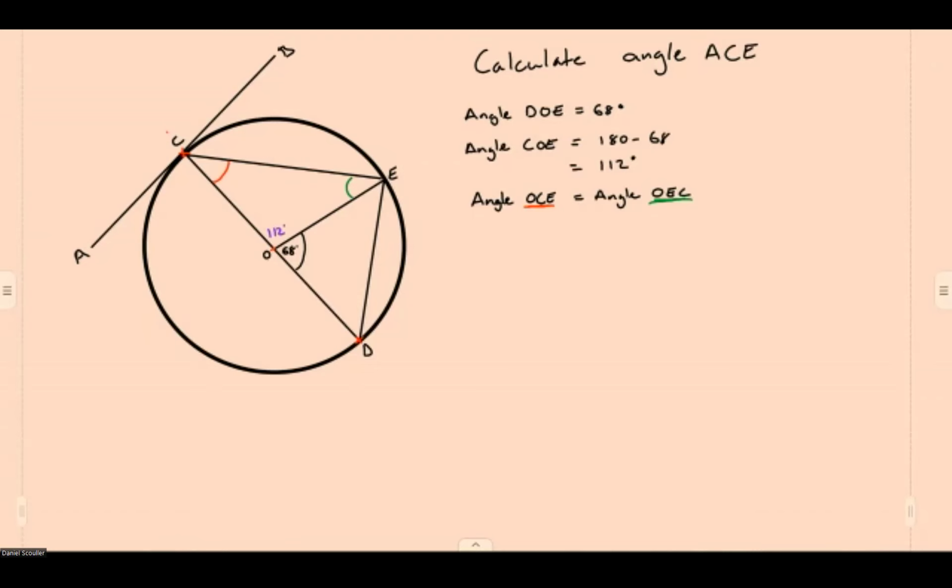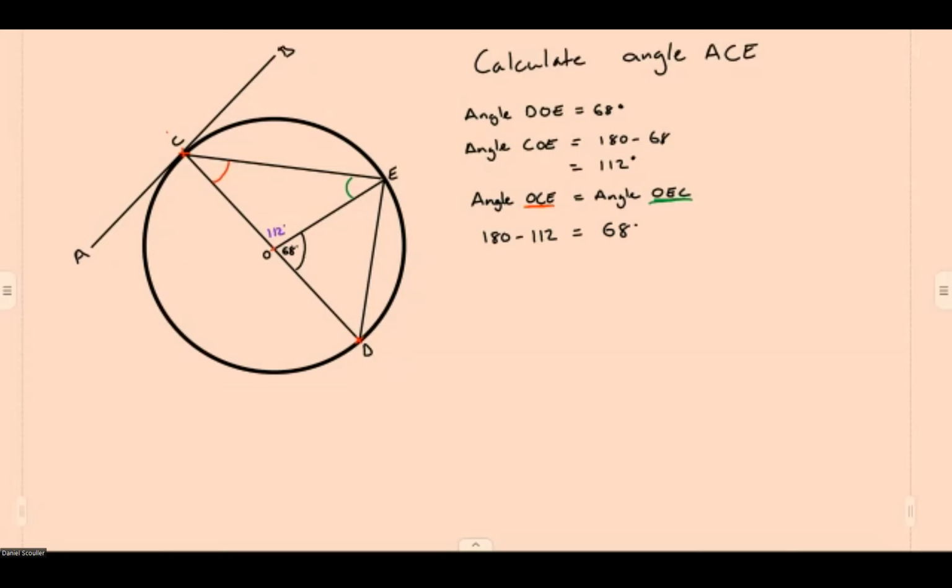Now I know that all the angles in a triangle make 180 degrees. I can therefore do 180 minus my angle of COE, 112, is equal to 68. That then gets split.